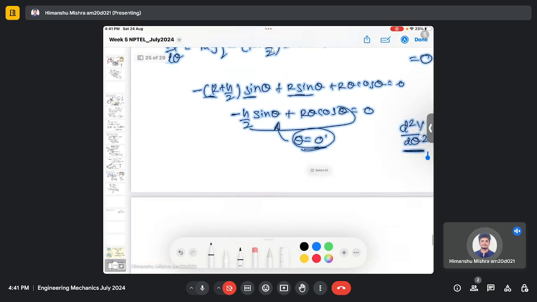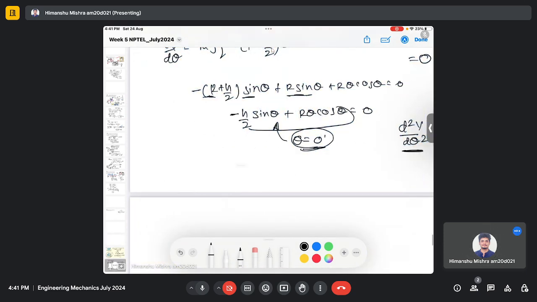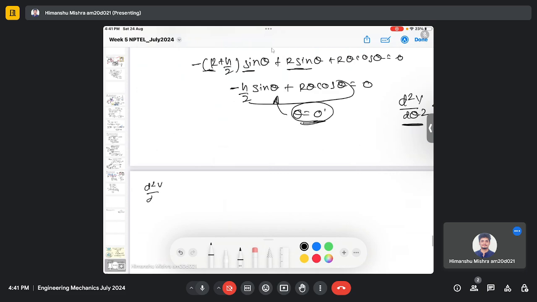So the double derivative will be minus h by 2 cos theta plus r cos theta minus r theta sin theta.